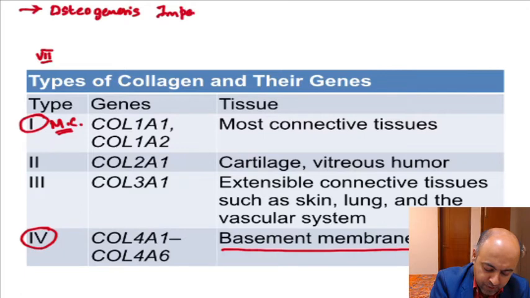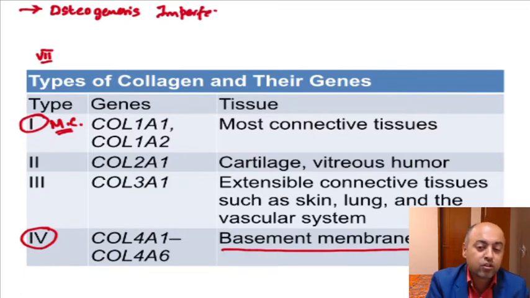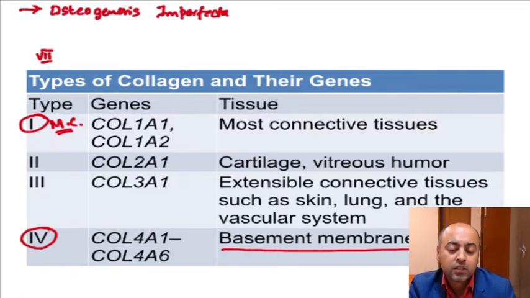I'm sure you've heard about this, you'll read more about this in your orthopedics. So here what we have the fragile bone. Very easily the bones will break, so we have what is known as osteogenesis imperfecta.